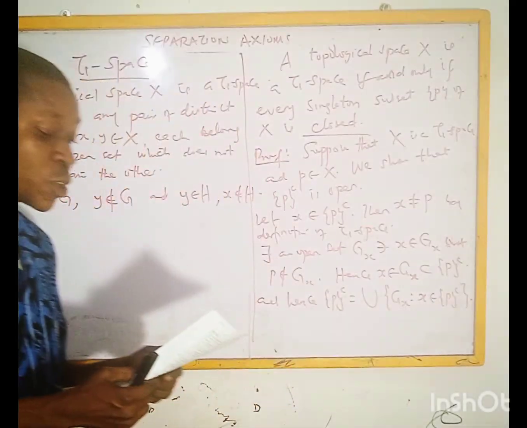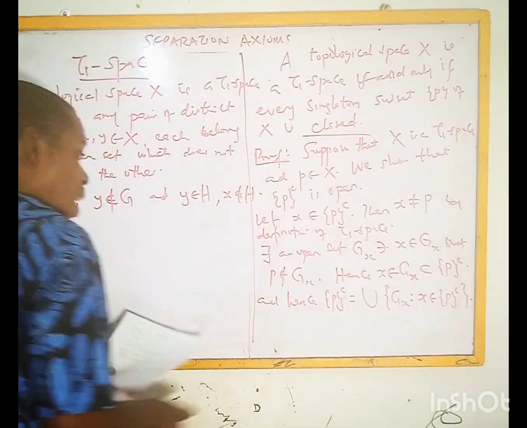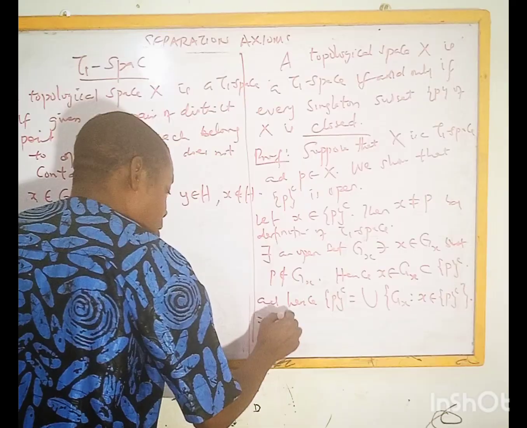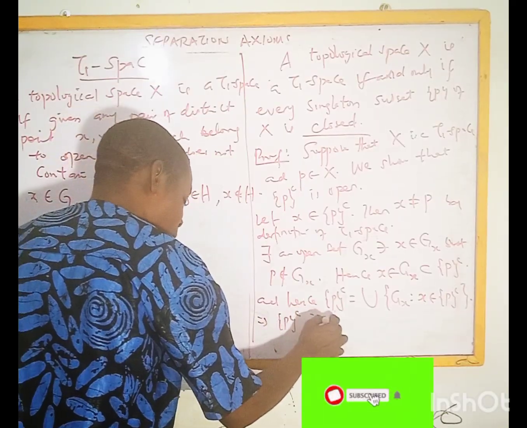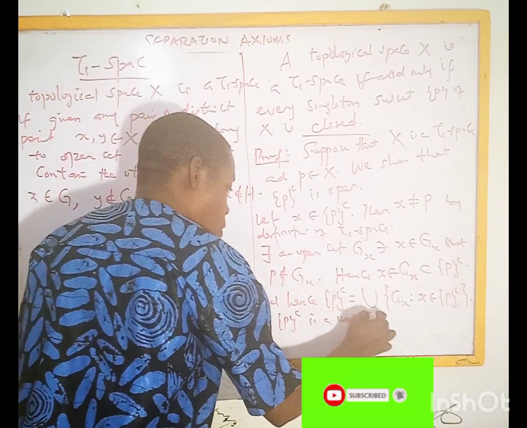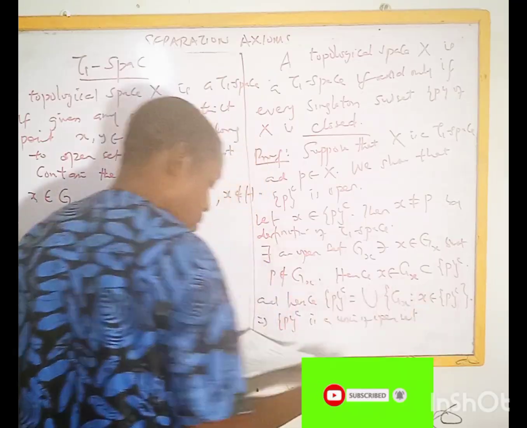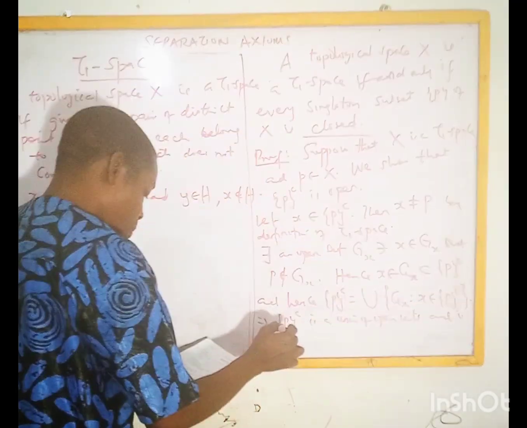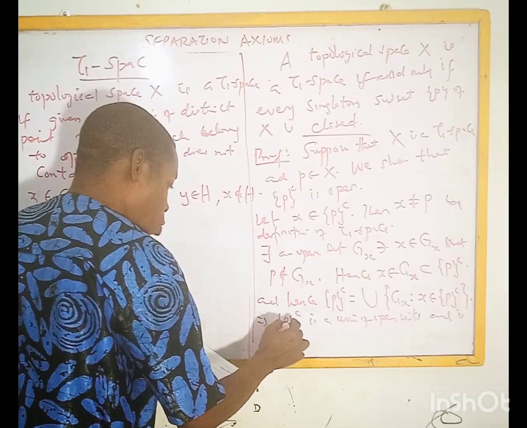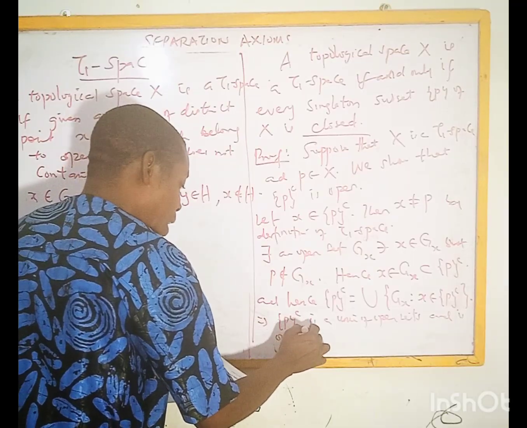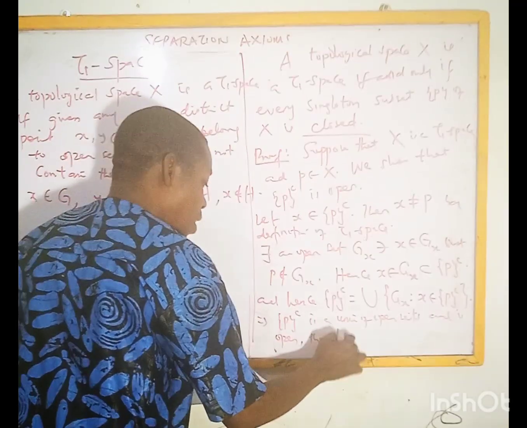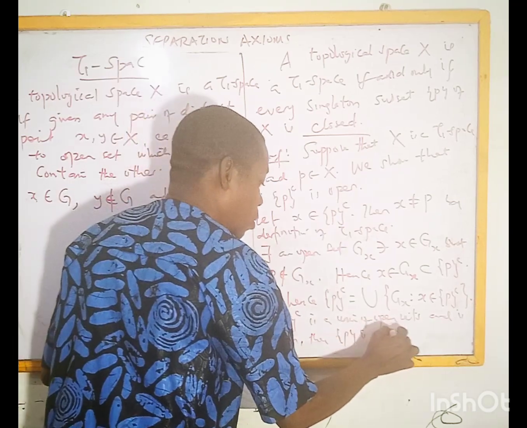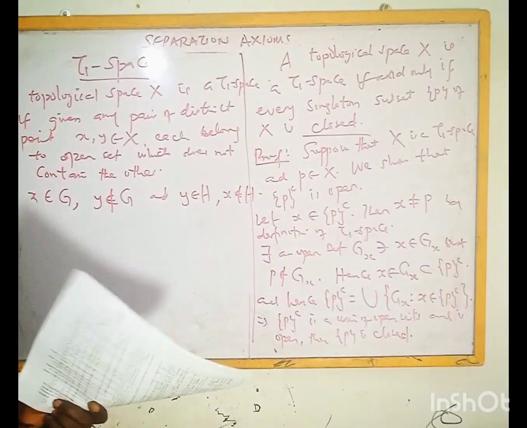So this implies that this one is a union of open sets, and is open. Then this set P is closed. That set P is now closed.